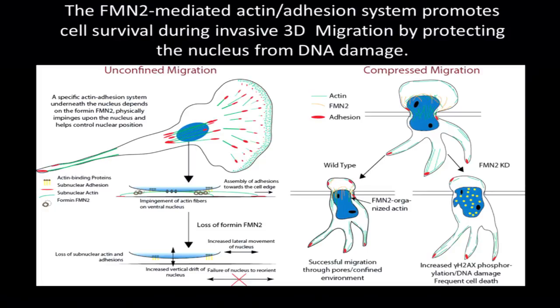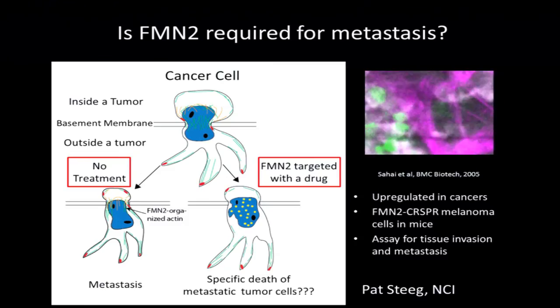Okay, so, it's pretty wild. You start at the focal adhesion adhesome, and we end up with invasive cell migration and DNA damage. And now we're starting to think more about it in terms of what might happen when you stop the activity of this protein by killing its actin polymerization activity, and those cells die.